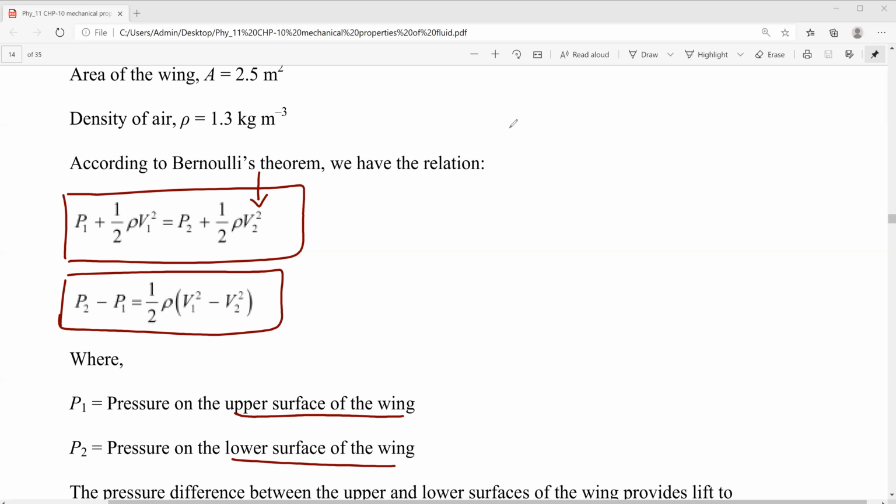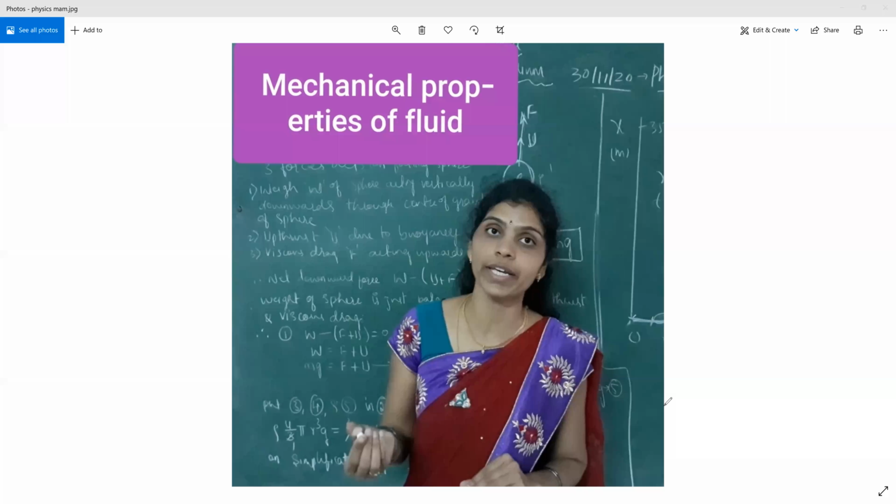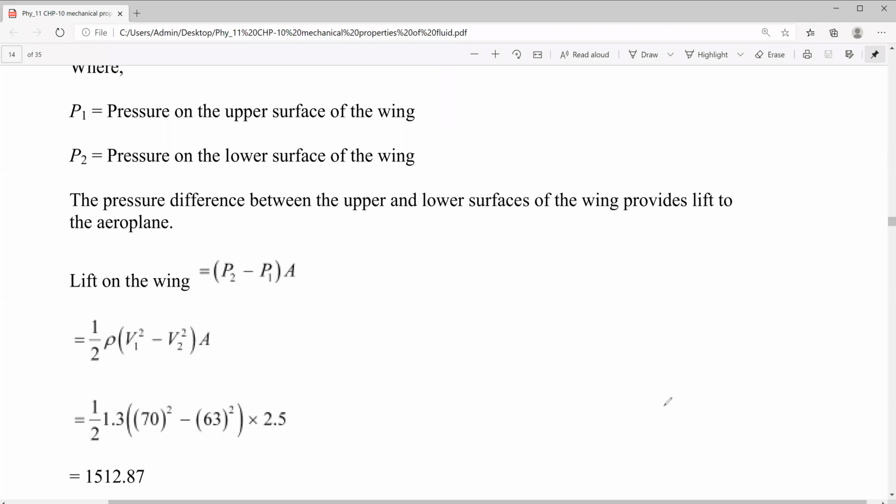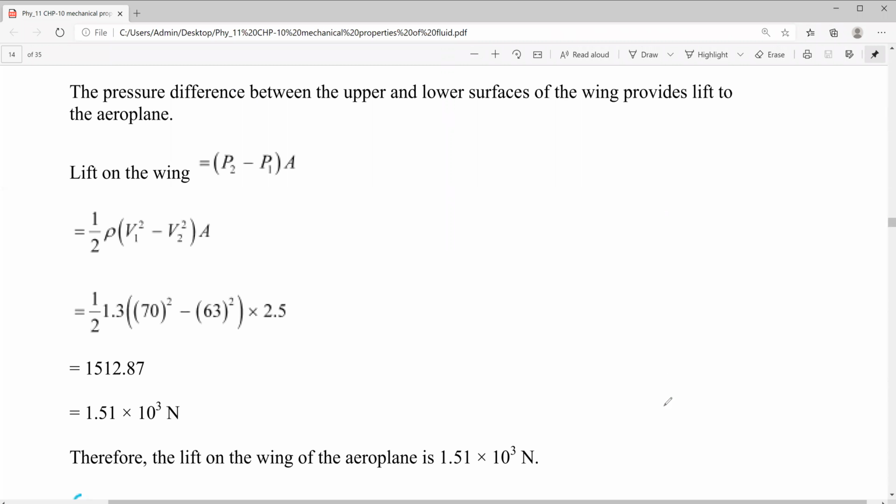So how to calculate that one? Here, by using Bernoulli's principle, the lift of a wing is nothing but the difference of pressure. The difference of pressure is given by the formula P2 minus P1, into area.